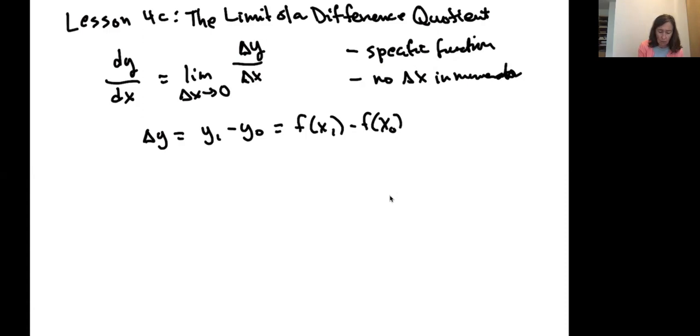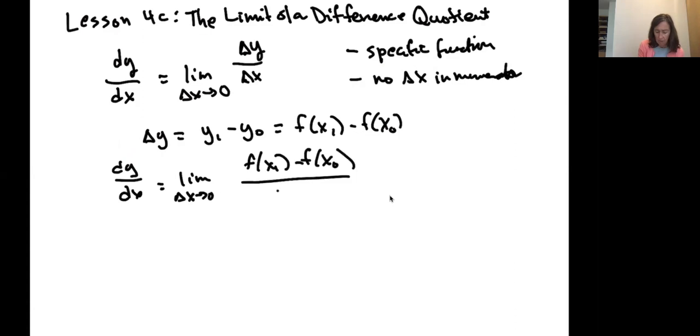Let's incorporate that and rewrite dy/dx. Still the limit as delta x goes to 0 of f of x1 minus f of x0 over delta x. So it's an improvement, but I'm still not seeing my delta x up here in the numerator, the part where I'm putting the information about the specific function.